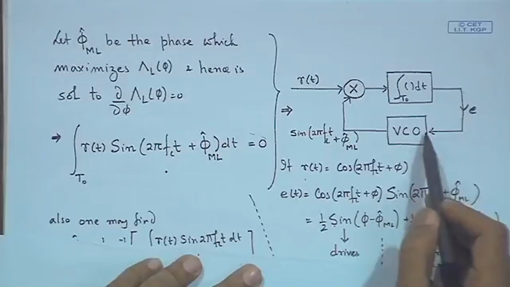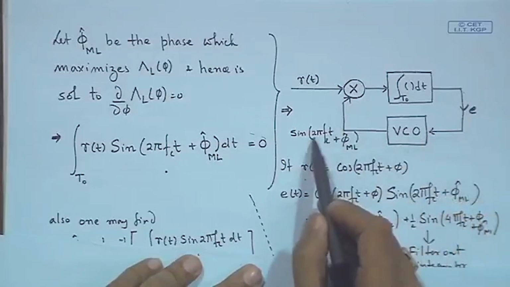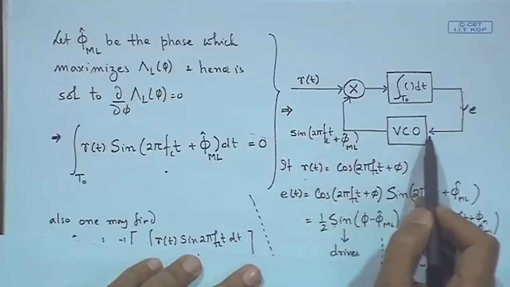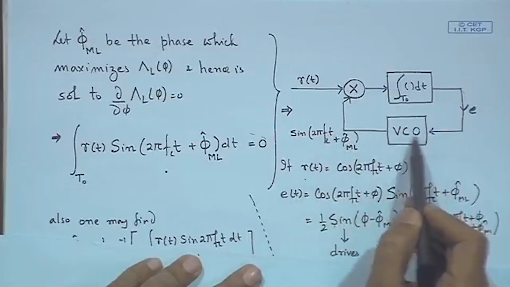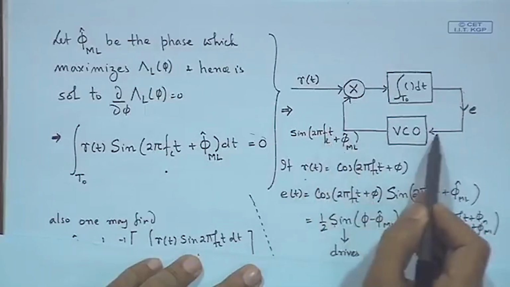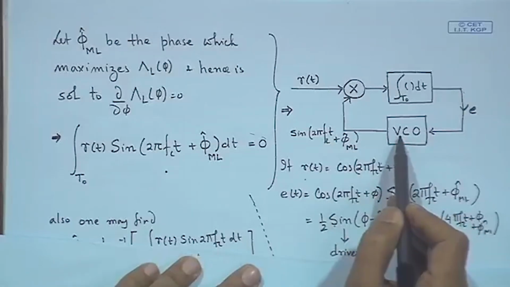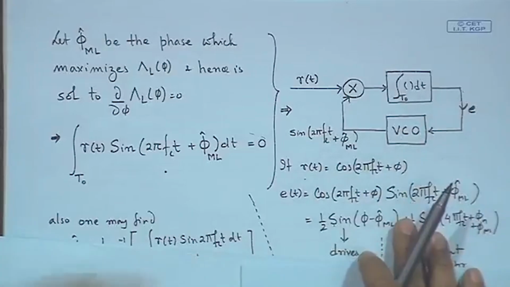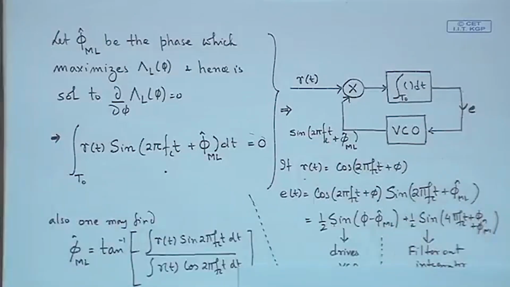If the error signal is 0, the VCO produces sin(2 pi f_c t), and if it produces a certain voltage, it is going to produce sin(2 pi f_c t) plus a phase. So, the error term is going to drive the VCO. In this way you could realize a carrier frequency synchronization.